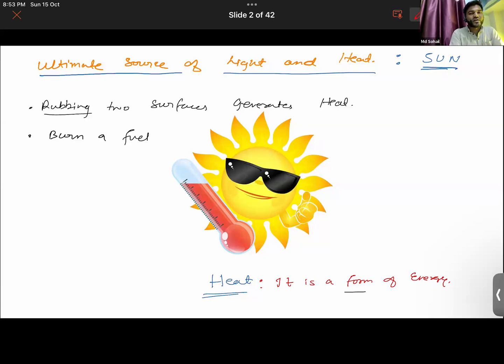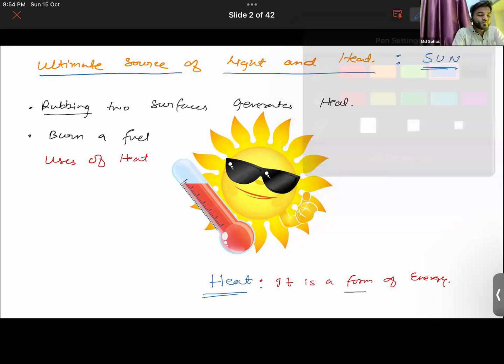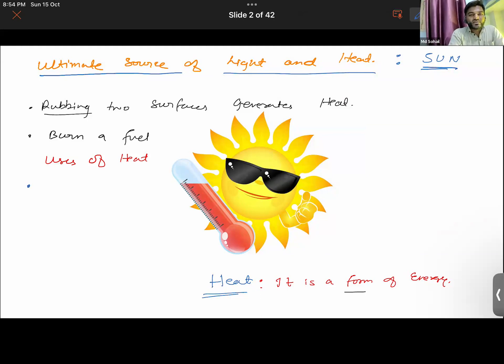So we humans have different uses of heat. First and foremost, our bodies can function in a suitable range of temperature.